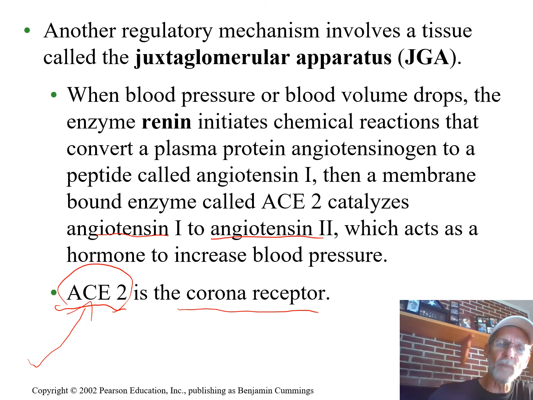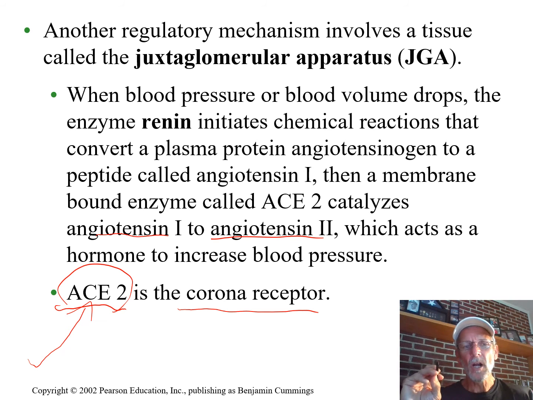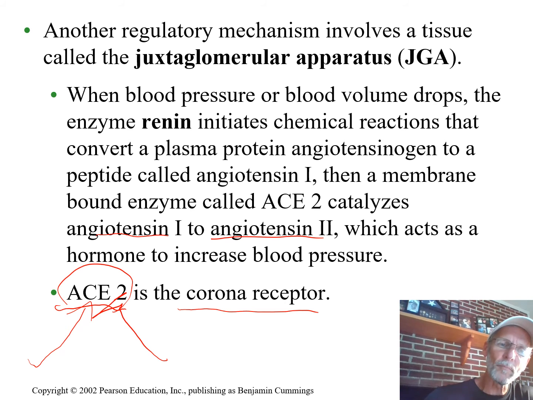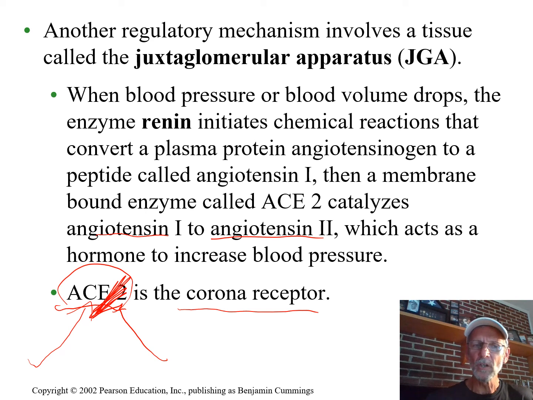This molecule doing this causes also the same kind of increase in squeezing water out of your blood to help raise your pressure, right? Which is why if you have high blood pressure, some medicines you might take block this, attach to it so it doesn't work, because what this does is increase your blood pressure, right?